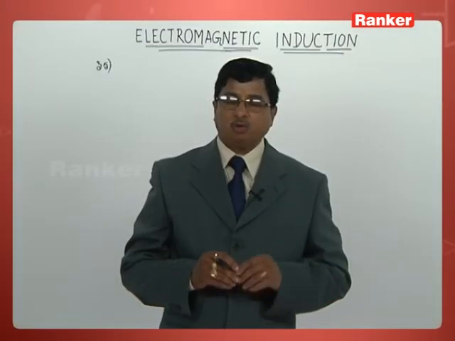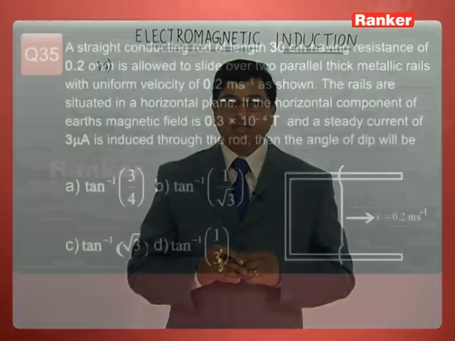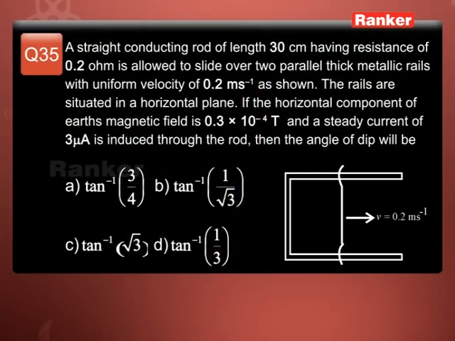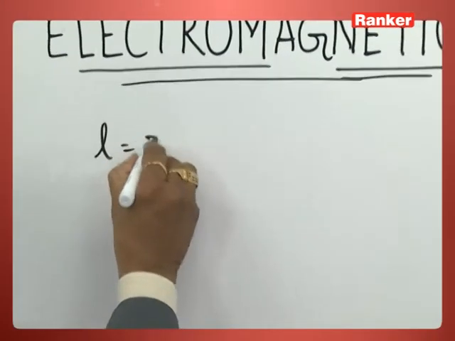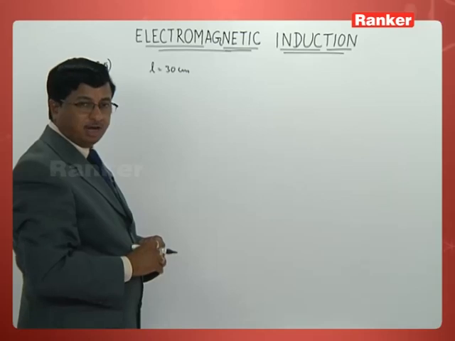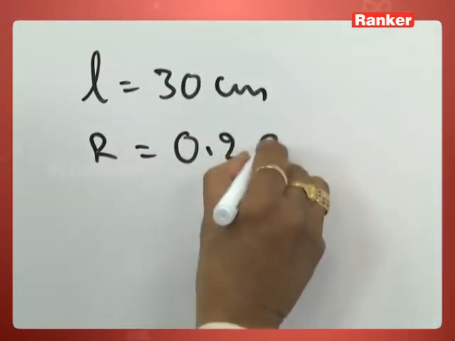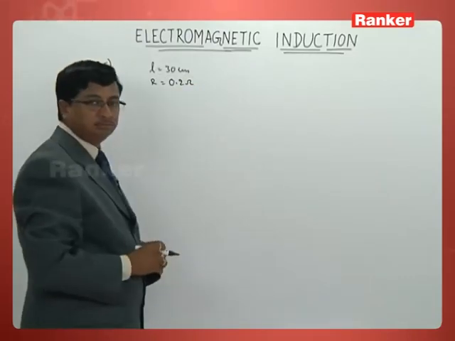What is the data he has given? First of all, let me remind you. He has given you a straight conducting rod of length 30 centimeter. That's why the value 1, what has been mentioned. And of course, having a resistance of 0.2 ohm, that also he has mentioned.